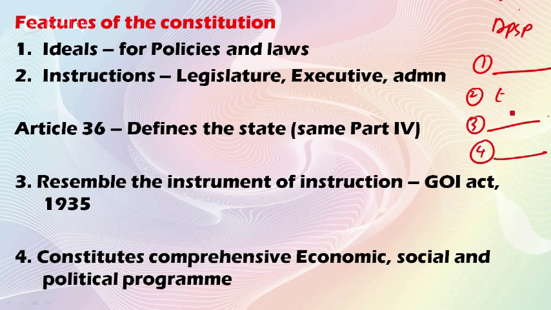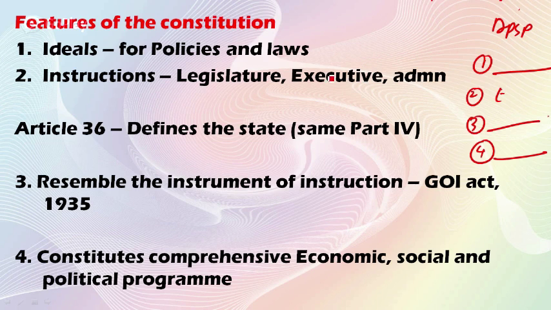These are the various principles mentioned in the directive principles. So these principles must be followed by the government at all levels: at the central level by the parliament, at the state level by the state legislature as well as the state government, and at the local level, including the panchayats as well as the urban local bodies. These directive principles must be followed while formulating laws, policies, and also programs. So this acts as an ideal.